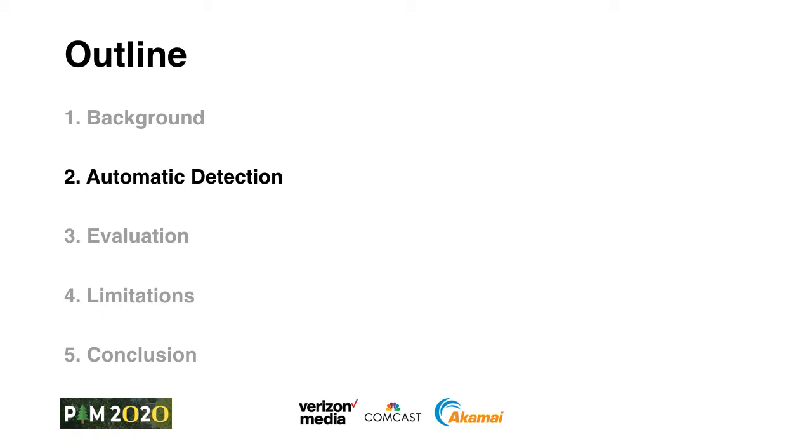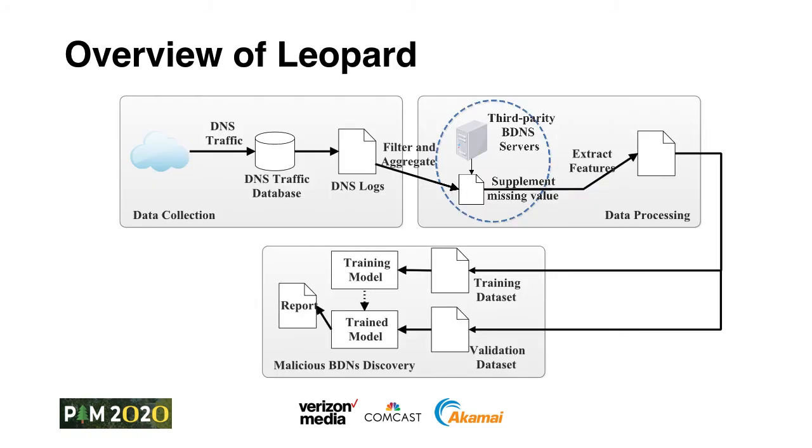Then we step into the automatic detection. Here is the overview of Leopard. The system consists of three modules: data collection module, data process module, and discovery module.